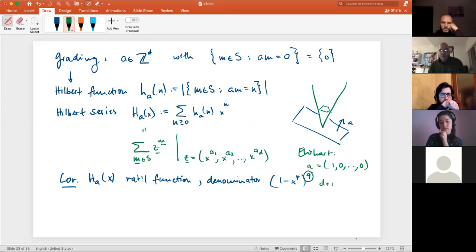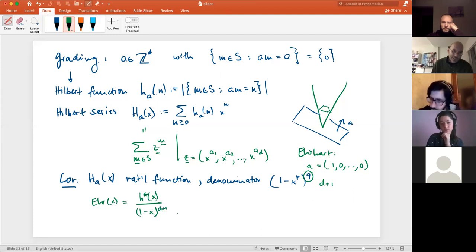And so now we're very close to the Ehrhart setting. In the Ehrhart setting, this becomes the Ehrhart series, the rational function with an h star on top, divided by 1 minus x to the d plus 1. So here q is equal to 1.